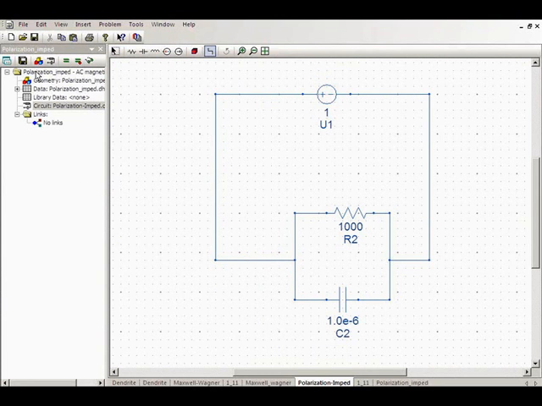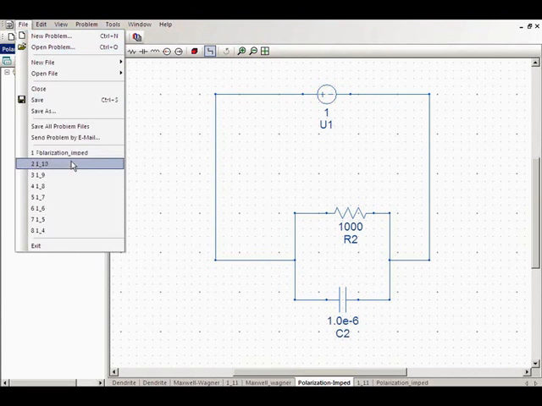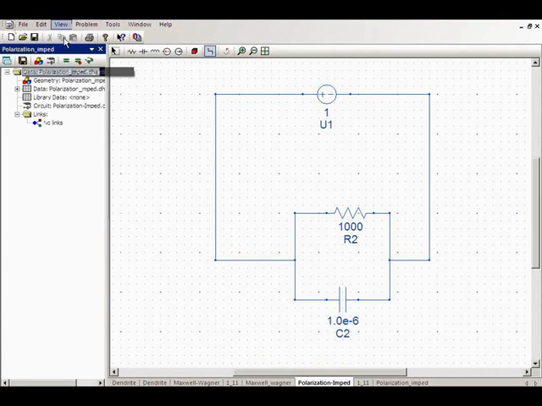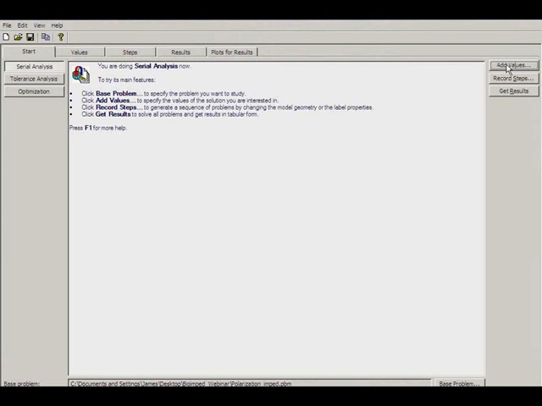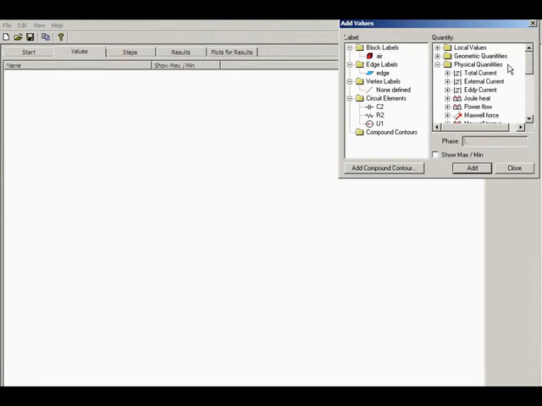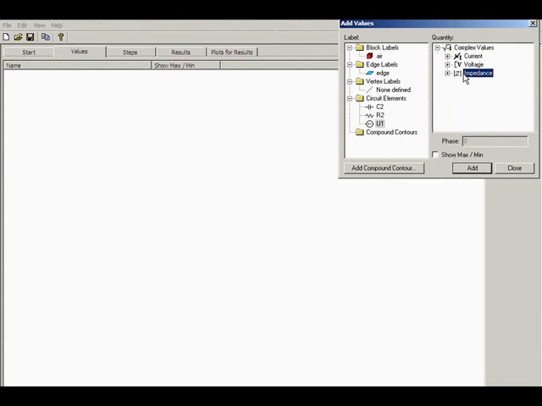Reconnect the circuit, and we'll see how this affects the results.